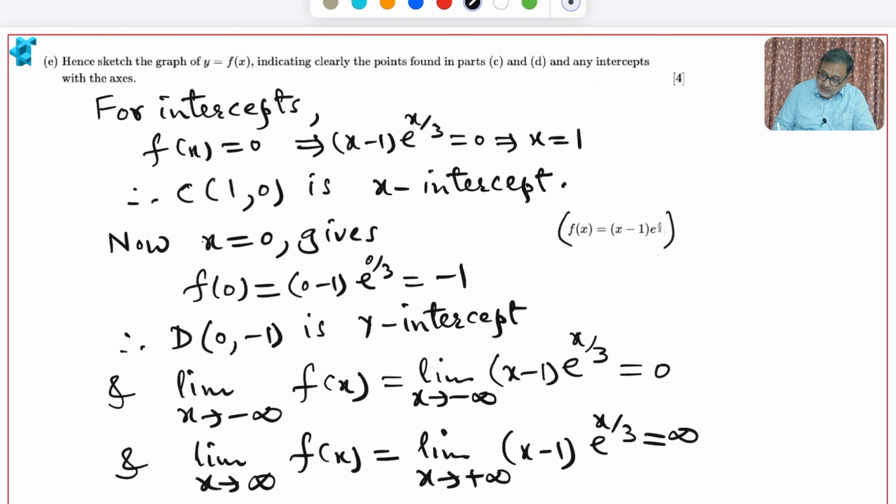So now, but this means what? When we take x tends to negative infinity and we get 0, so x axis is horizontal asymptote, isn't it? Because x tends to negative infinity makes it 0 and x tends to positive infinity makes it infinite. So upwards it will be infinite, and when we go downwards it will not go anywhere on the left, but there will be a horizontal asymptote.